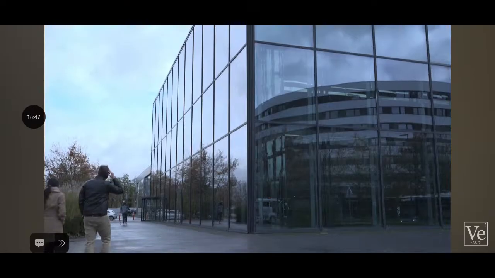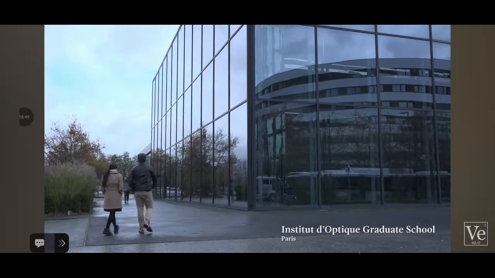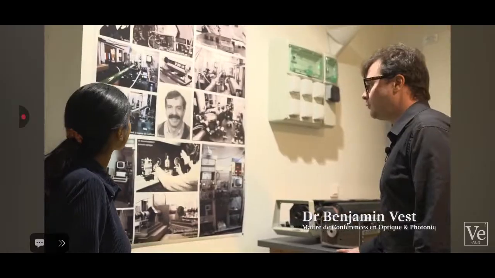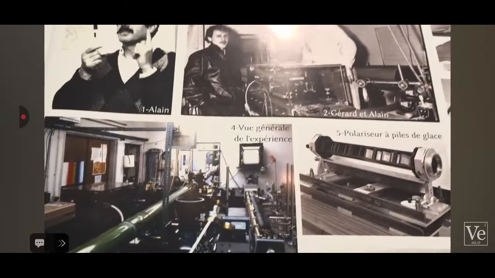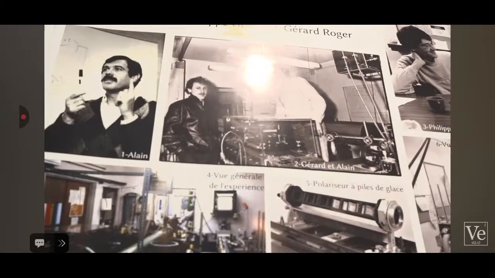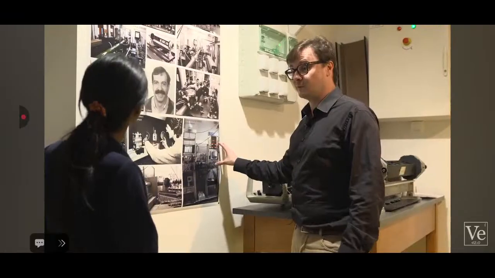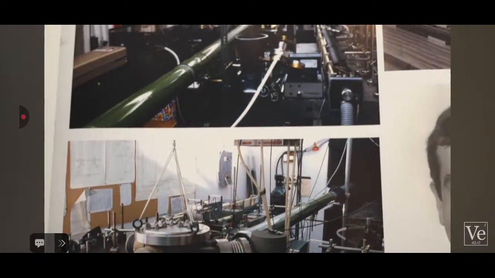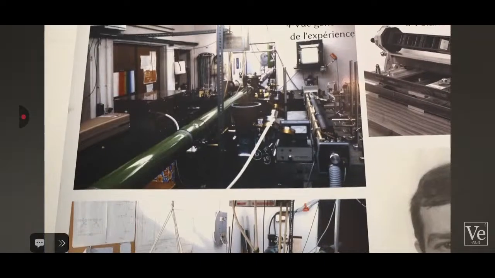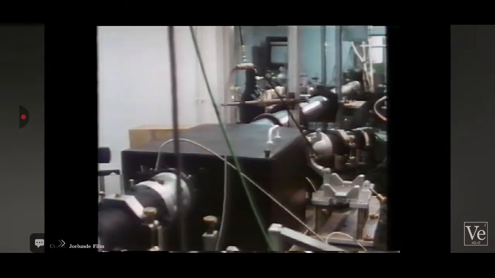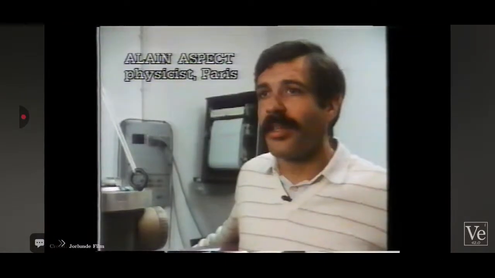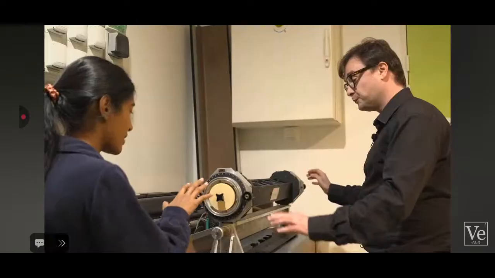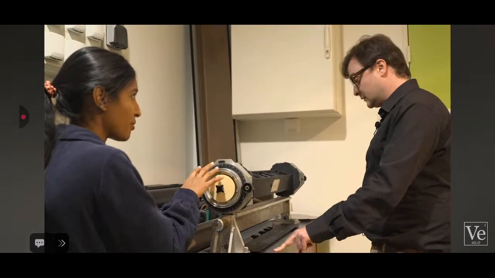Okay, so welcome to the Institut d'Optique. You are here in the place where Alain Aspect performed 40 years ago his experiments on the measurement of Bell's inequalities, and here are some of the original pictures of this experiment, which was much more challenging than it is today, and it was a real experimental tour de force. Okay, so is this one of the original equipment from that?